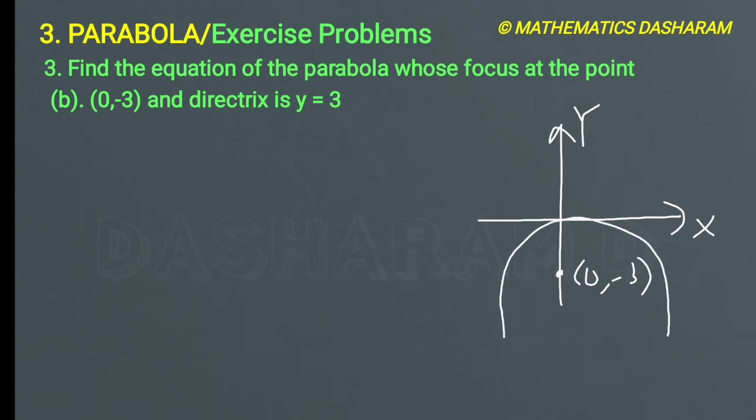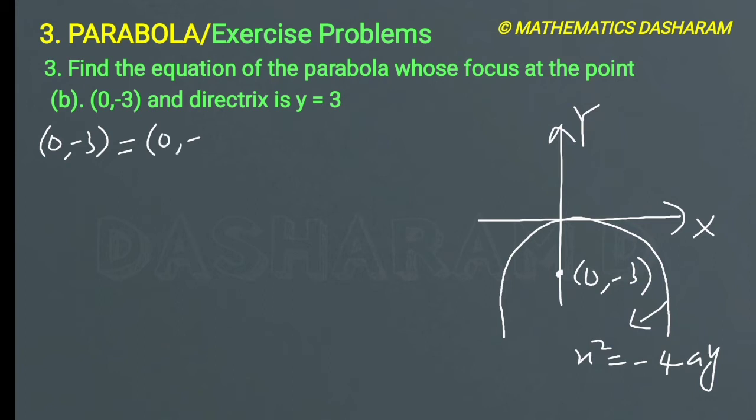So 0, minus 3 is the focus. And what is the standard form of this parabola? x square equals to minus 4ay. And focus is a fixed point, that means focus is 0, minus 3, compare with 0, minus a. It implies a value is 3.